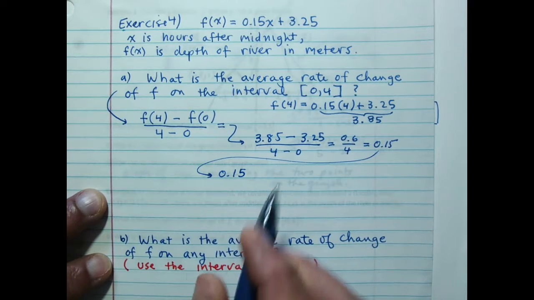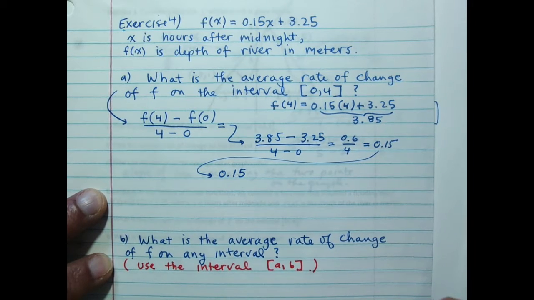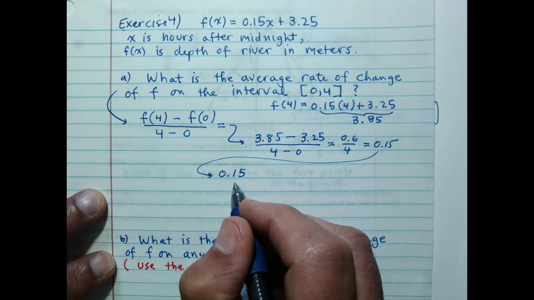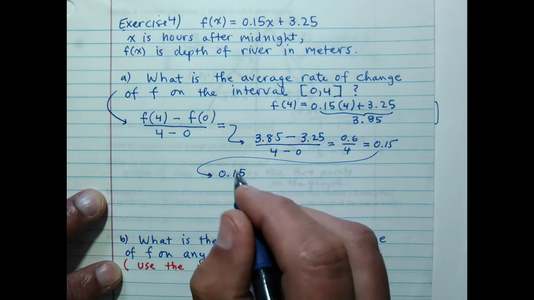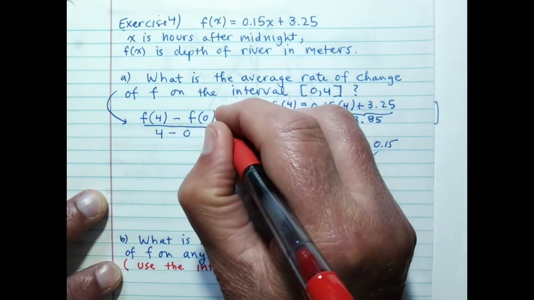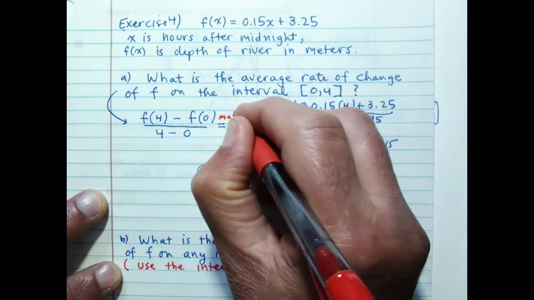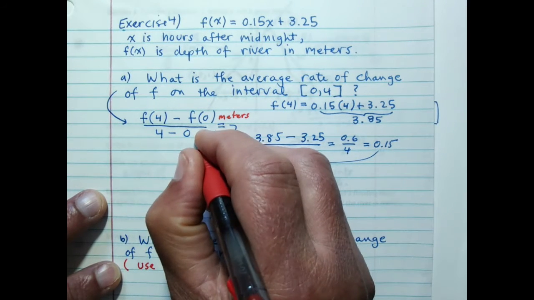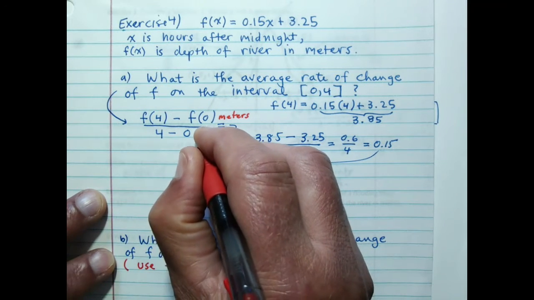And now, because this is an application, our average rate of change is going to have units attached to it. In our division, we were dividing function values that were meters by input values that were hours.